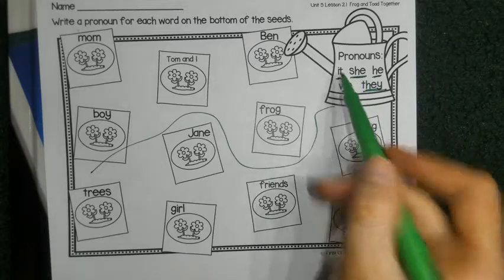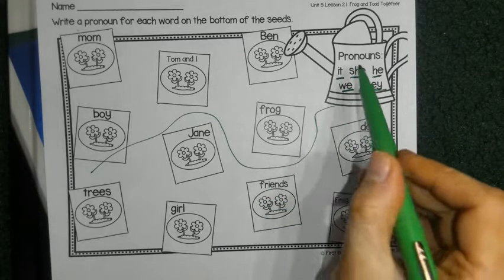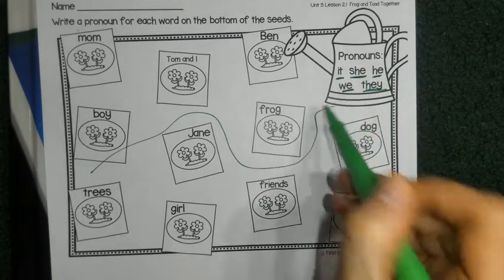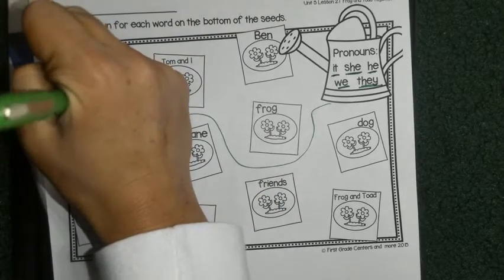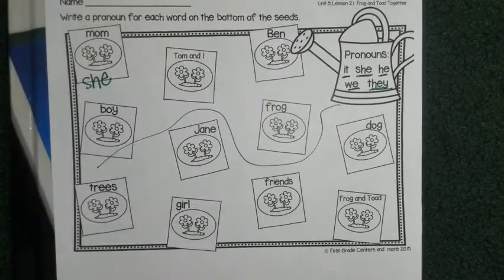Could I say, your it is here, she is here, he is here, we is here, they is here? Which pronoun makes the most sense in that sentence? If you said "she," you are correct. Your mom is a girl, so you would say "she."